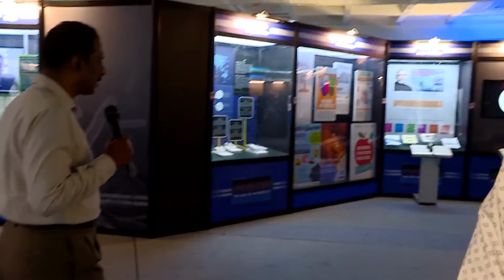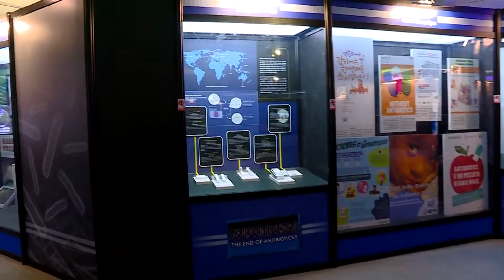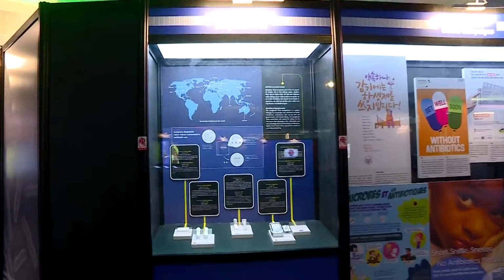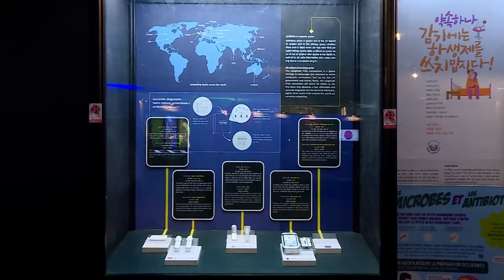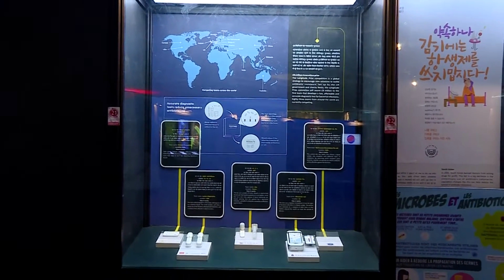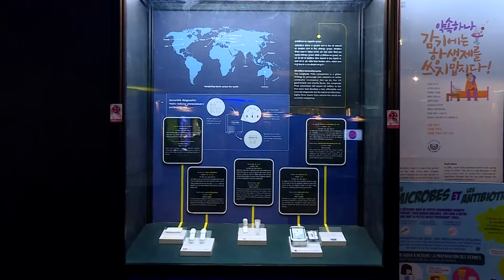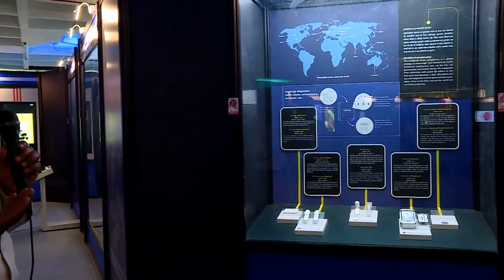So we move on to the next section in the exhibition, and here we are trying to focus on new diagnostic tools which are being developed across the world to identify infections. Because diagnosing and identifying the infection is the first remedy to get into a proper treatment.